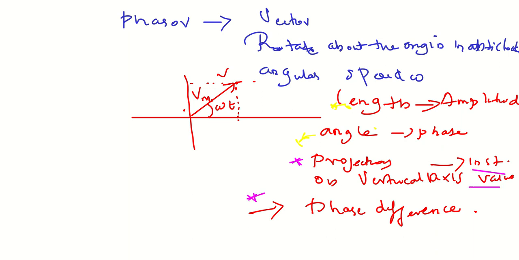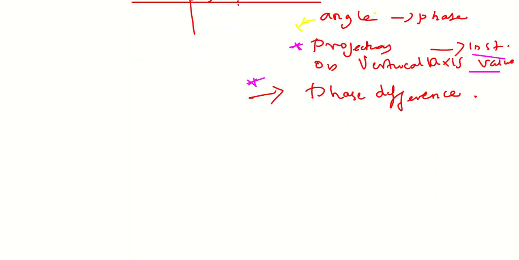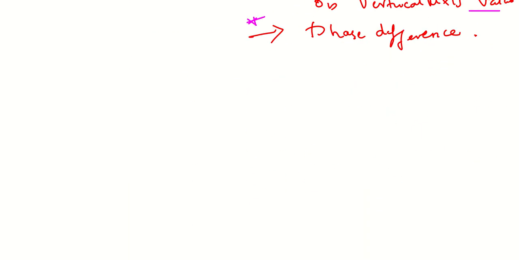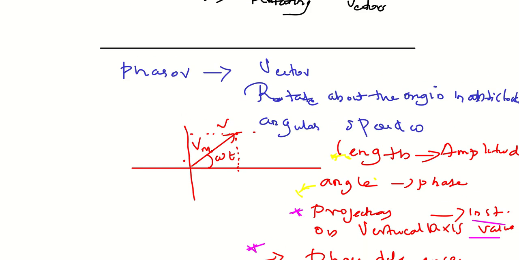If there are two phasors, the angular difference between them gives the phase difference. So these points are correct for you. It is clear for you. Okay, and next topic. So you understood about phasor and all the things.